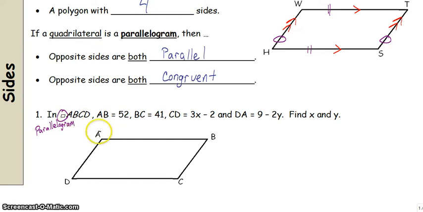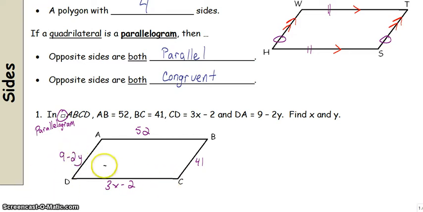If we start at A, then we have to go to the right to B, down to C, to the left to D. We can't mix those up. They tell us that segment AB is 52. Segment BC is 41. Segment CD is 3x minus 2. And segment DA is 9 minus 2y.